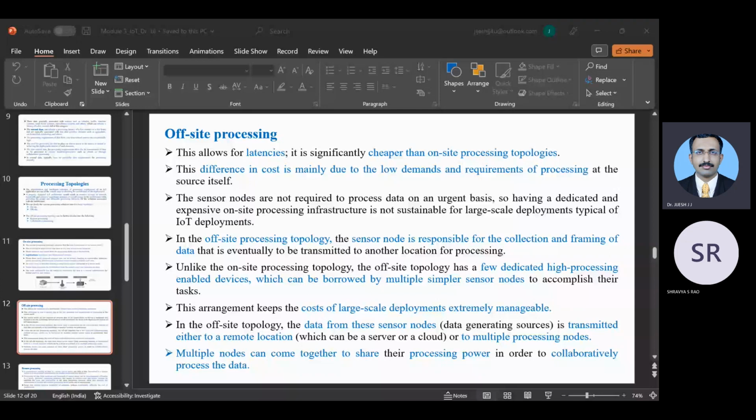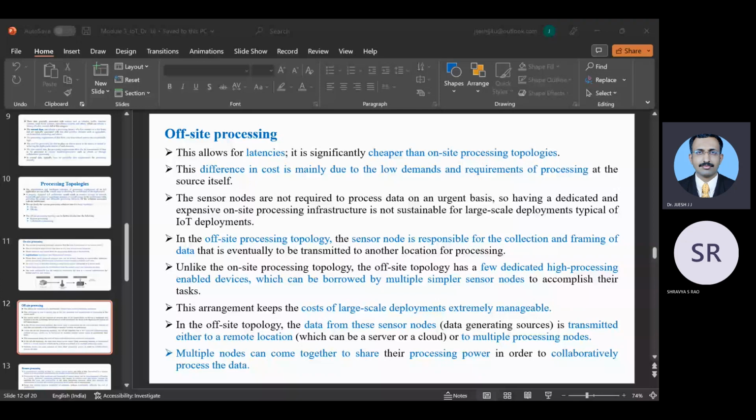Multiple nodes can come together to share their processing power for collaborative processing of data. We will be studying the other two methods, which come under offsite processing, that is remote processing as well as collaborative processing.